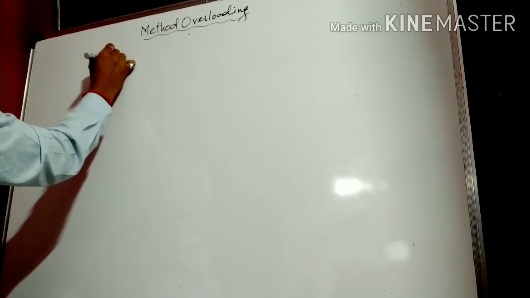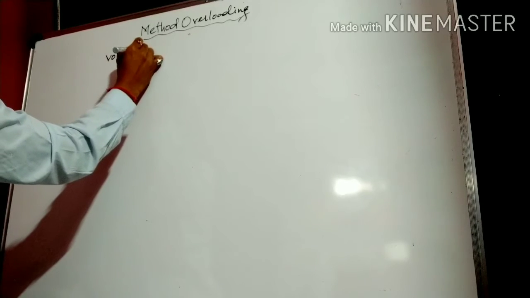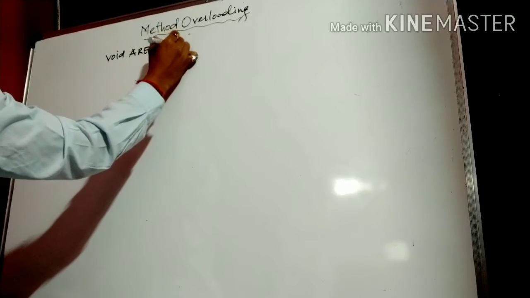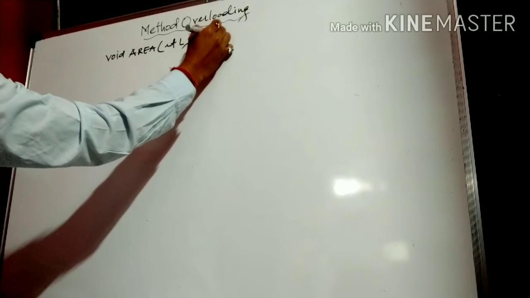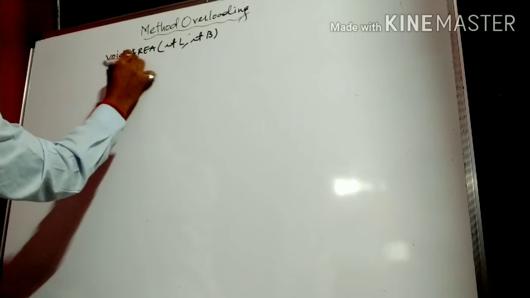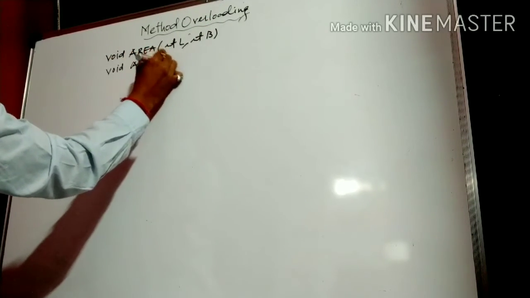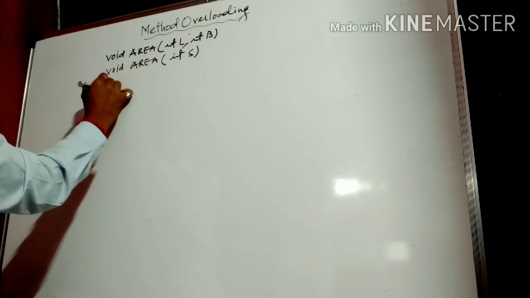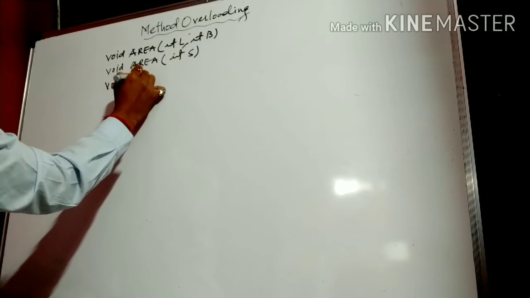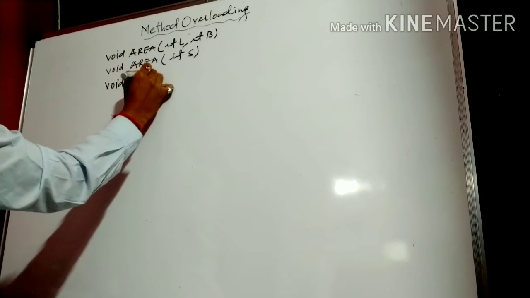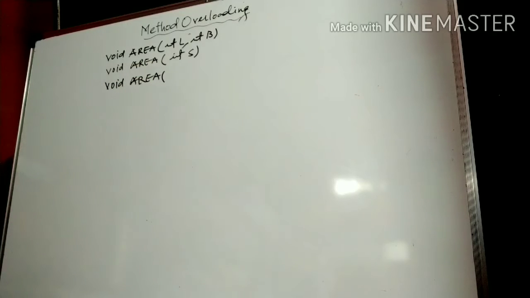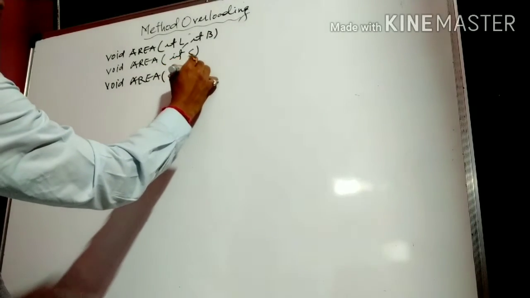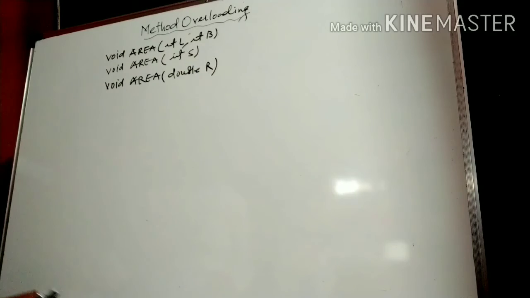Void area, with an integer L comma integer B. One more method is there, area, but with an integer S. And one more method, void area, with a double.